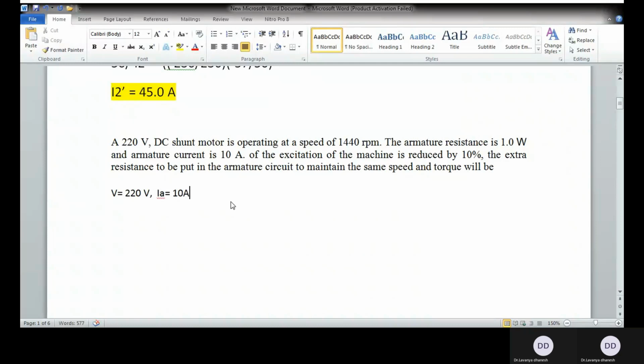The armature resistance is 1 ohm, it should be 1 ohm, not 1 watt here.